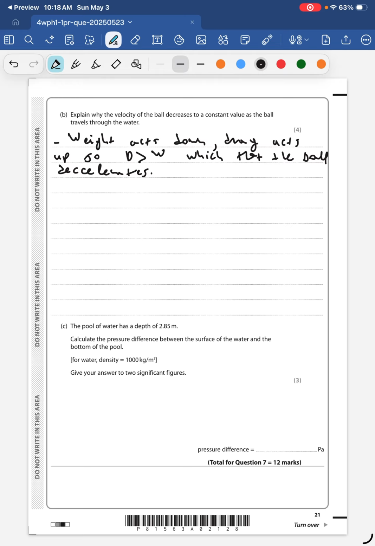Okay, now as speed decreases, so what I'm trying to say is that when it enters the water, it experiences a large drag force, so it decelerates, but then as the speed of the ball decreases, the drag decreases.